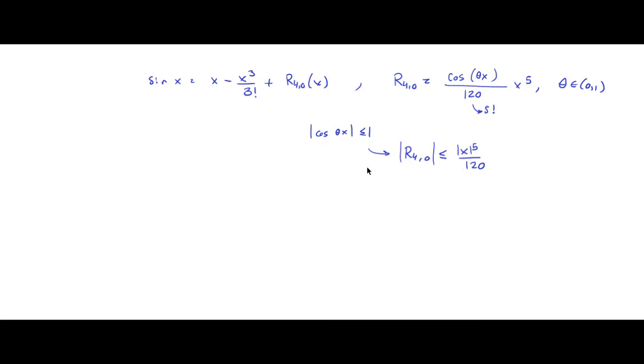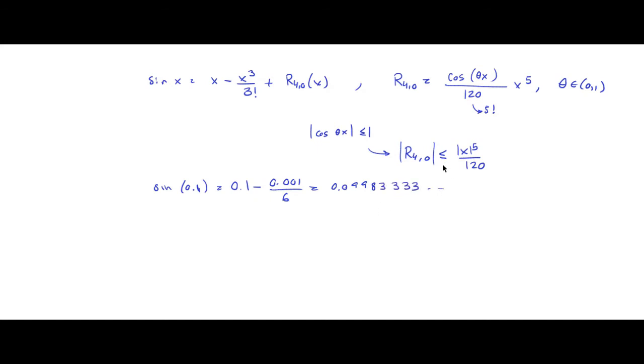So suppose now we want to compute the sine of 0.1, right? So this is 0.1 minus 0.001 divided by 6, and then plus a remainder, right? And this we can compute, this is equal to 0.09983333, and so on, okay?